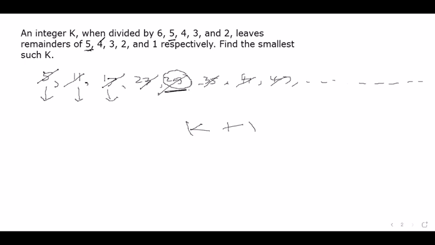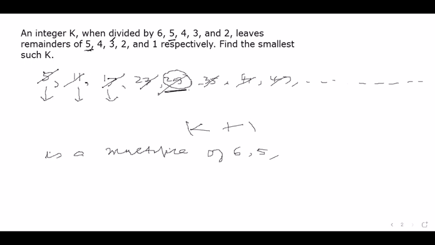Because the remainder is 4, when you add 1 to this, again, it will be a multiple of 5. So when you add 1 to k, it's going to be a multiple of 5. Okay? So k plus 1 is a multiple of 6 on the one hand. It's also a multiple of 5 because it gives you a remainder of 4.